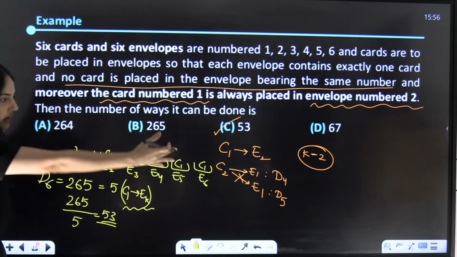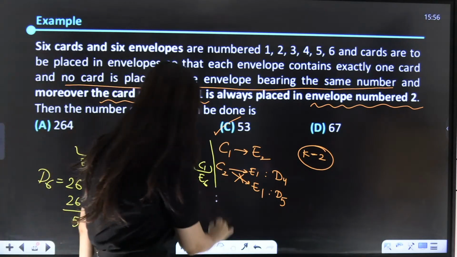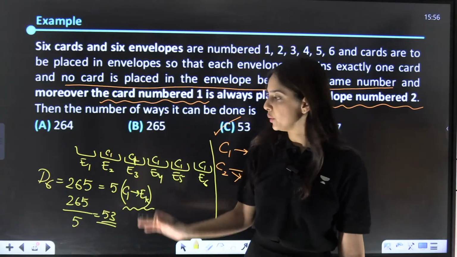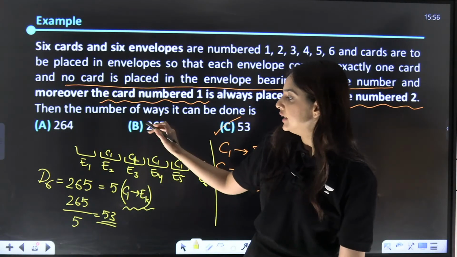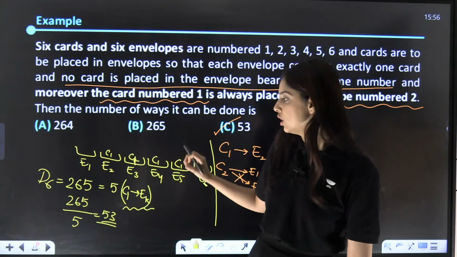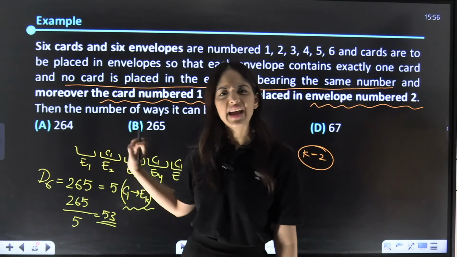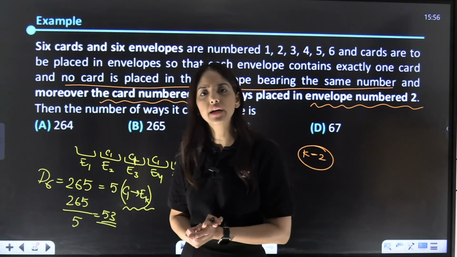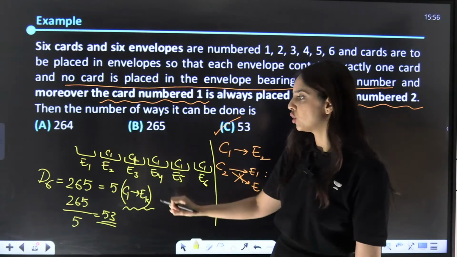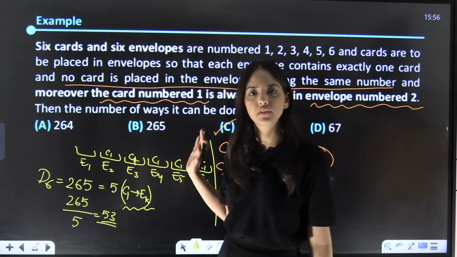Both are correct. Both are important to understand. If you understand this, then we can go back to our formula. So D6 can go for, we take any card. First card, we took the first card and we see that C1 could have gone to any of these 5 envelopes.